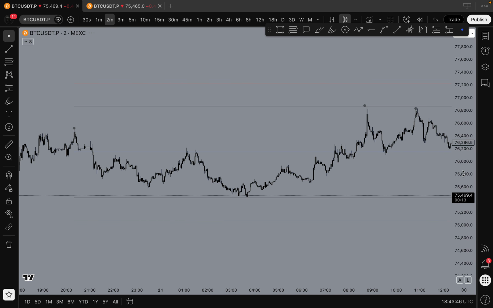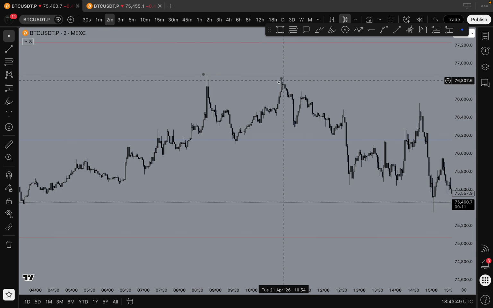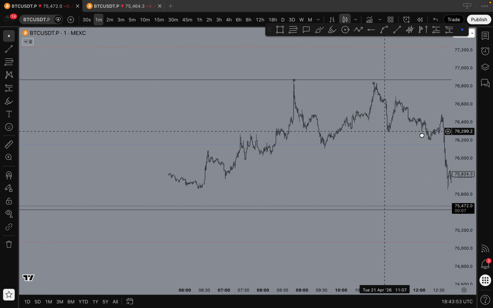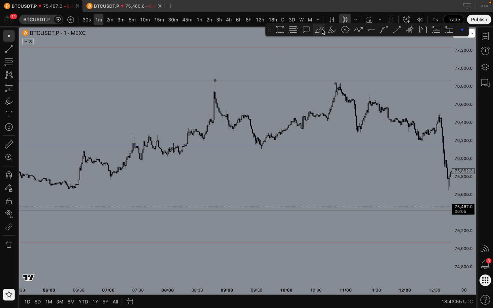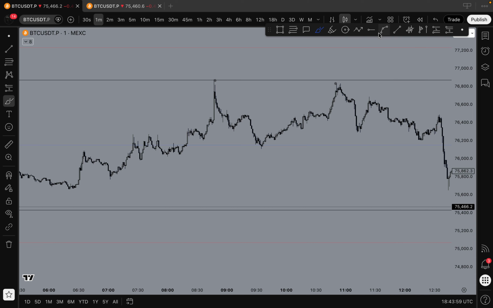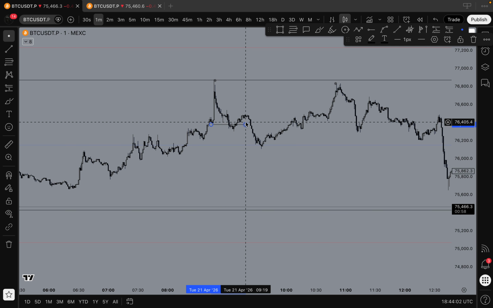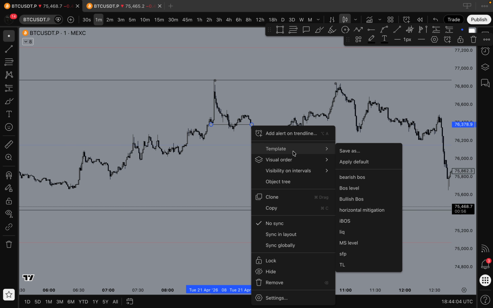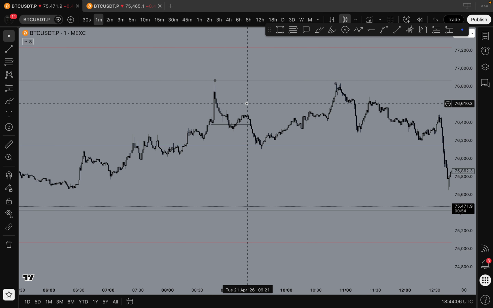Then you still want to get the structure confirmation. So here a lot of people got trapped. Then locally you broke structure already right here. So this was already the confirmation that this could be the high.